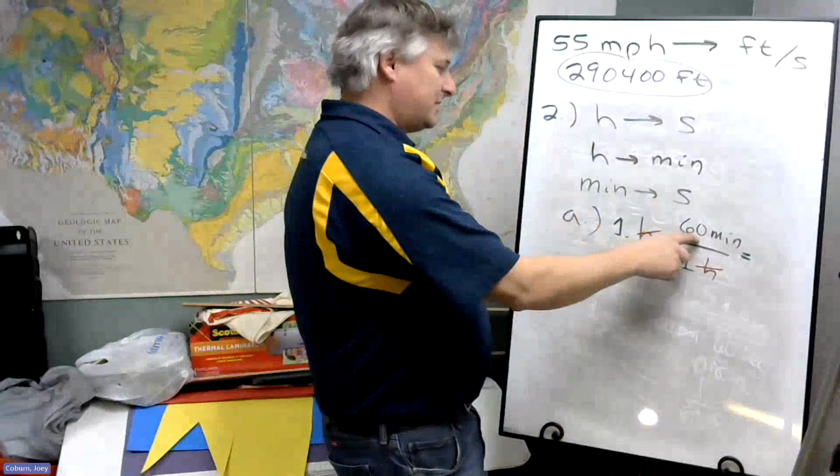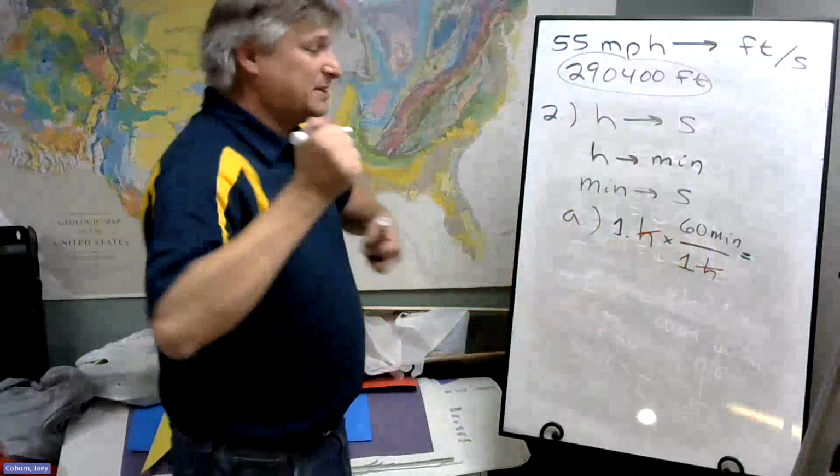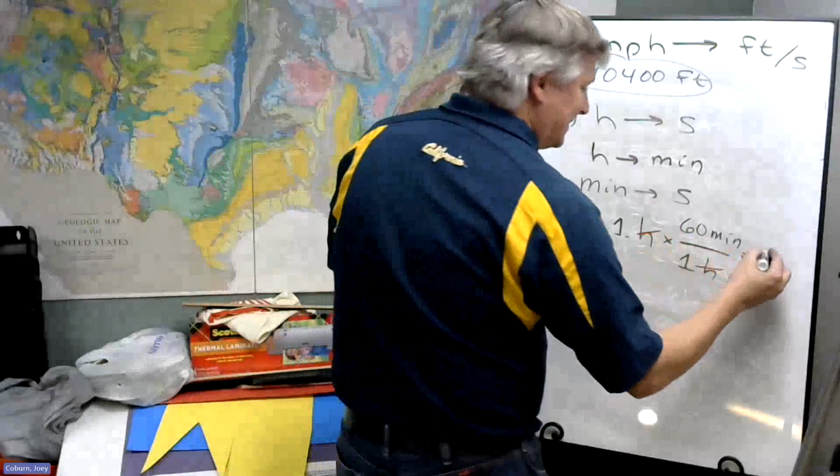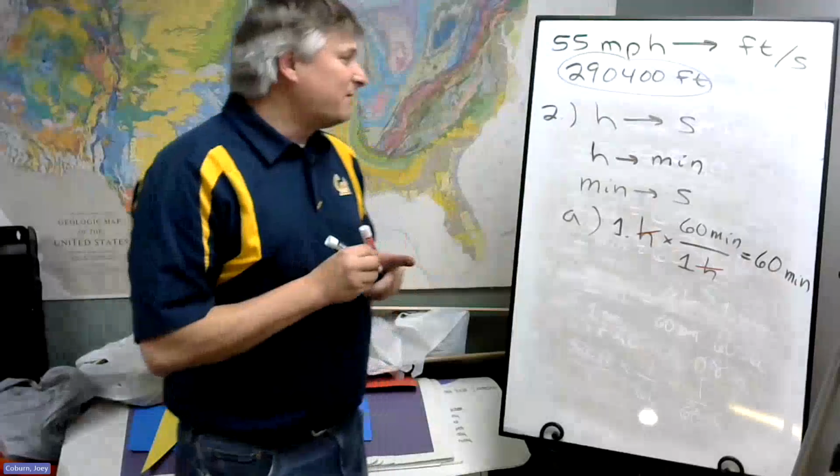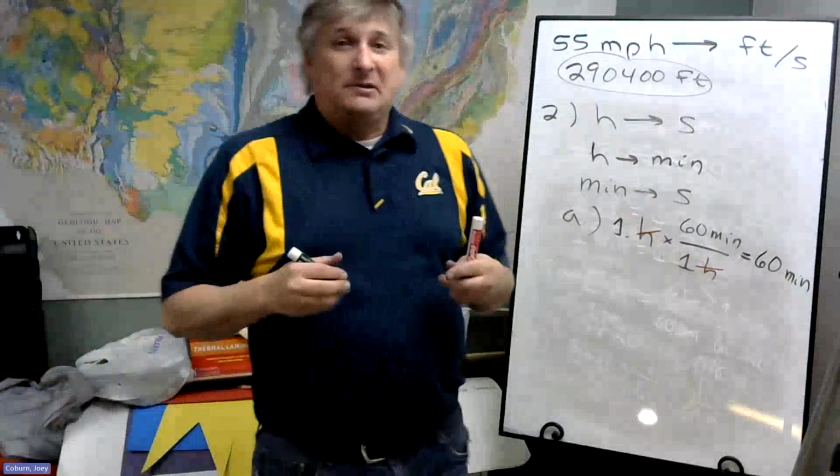So 1 times 60 divided by 1 is going to be 60, and we'll just tack on minutes at the end. So we get 60 minutes, which, all right, fair enough. I mean, 1 hour is equal to 60 minutes.